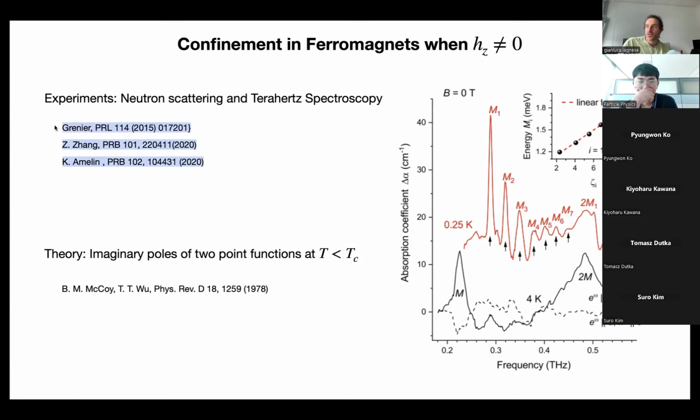This was one of the experimental evidences that something was going on in these ferromagnets.